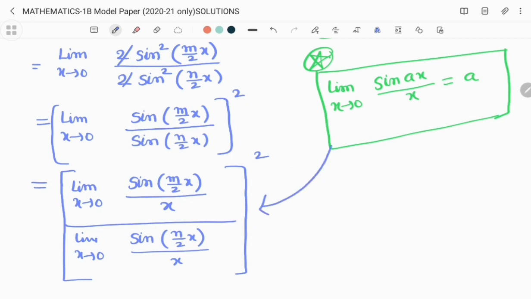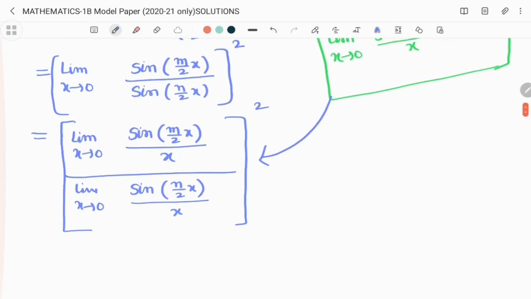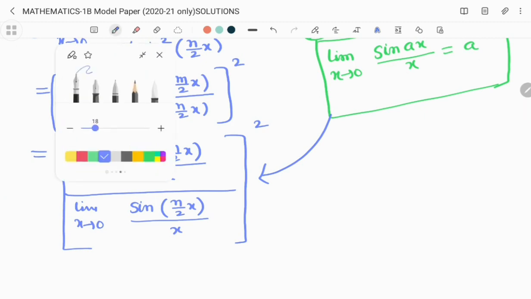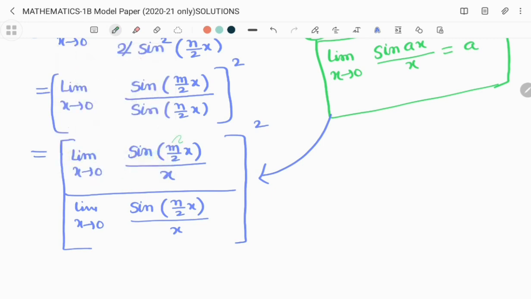I hope everyone understands. So in the numerator, what is a? By using this formula, limit x tends to 0 sin ax by x is equal to a, no? So this value is a, here this value is a.